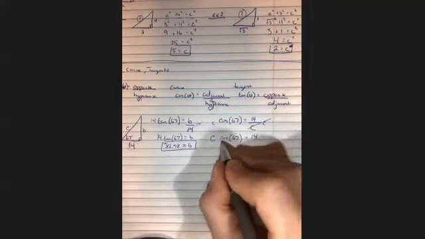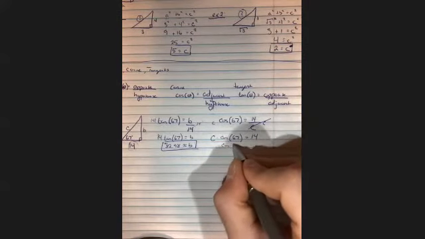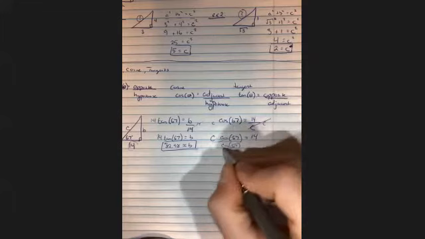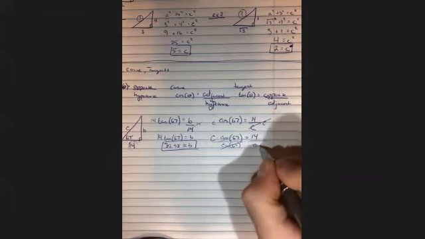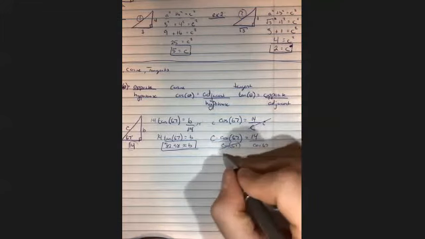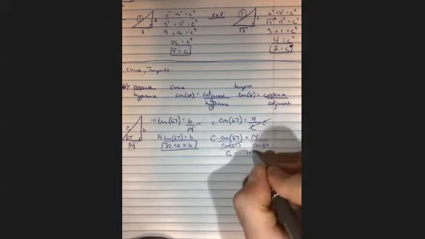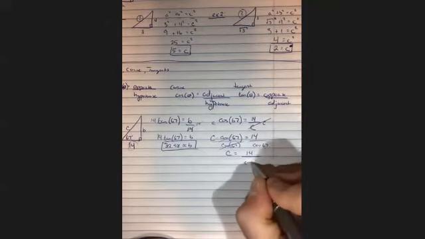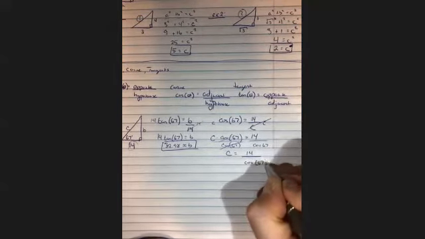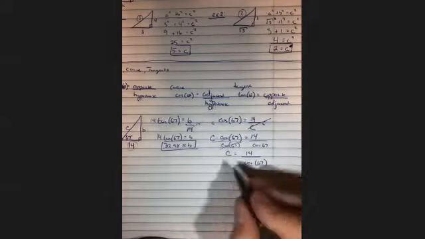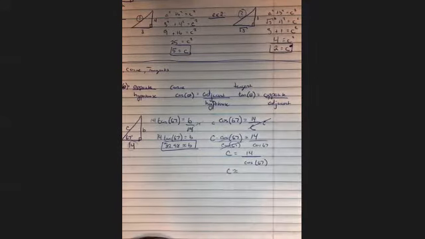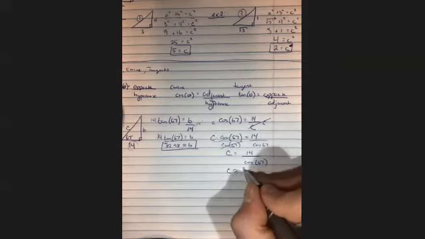So if I divide both sides by the cosine of 67, those cancel out. That means my c is equal to 14 divided by the cosine of 67 degrees, which means my c is roughly equal to 35.83.